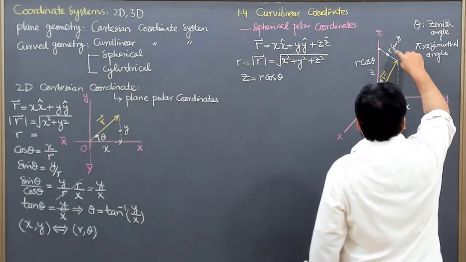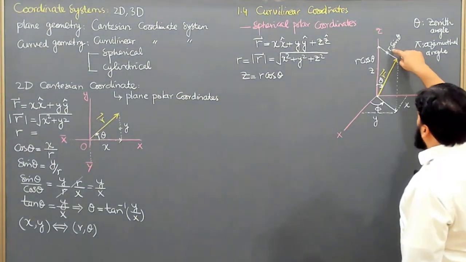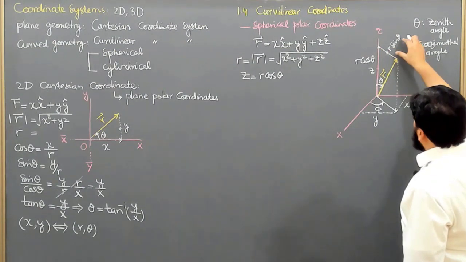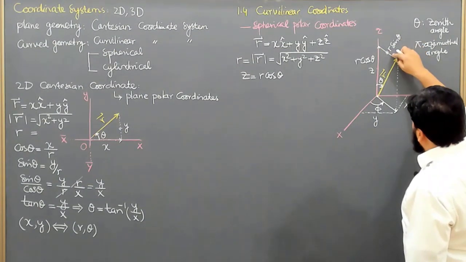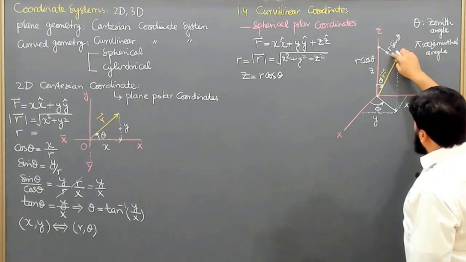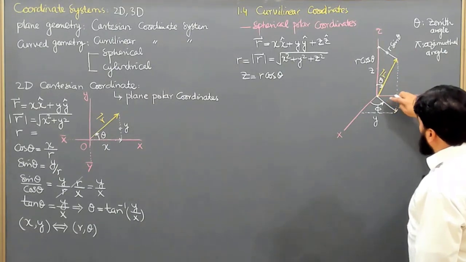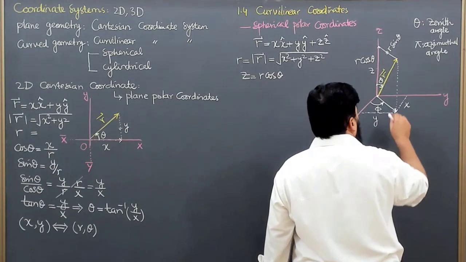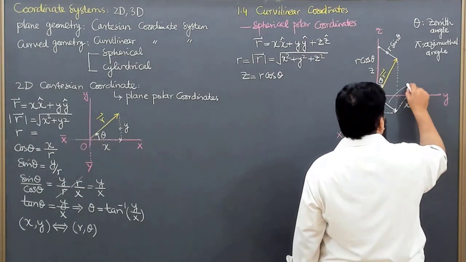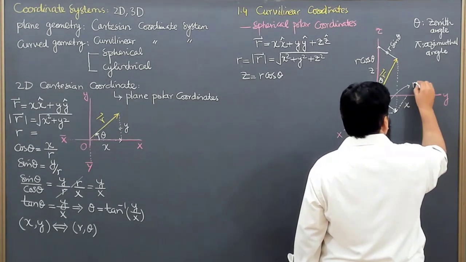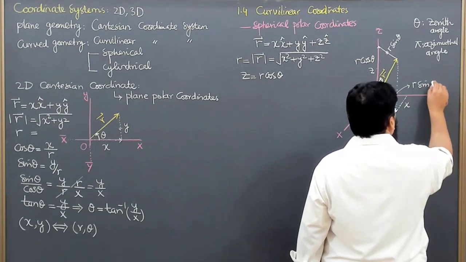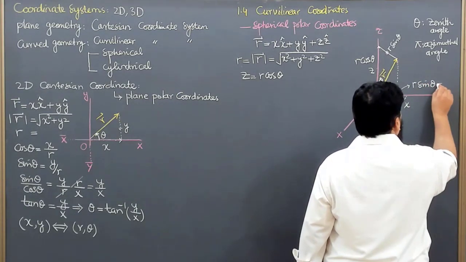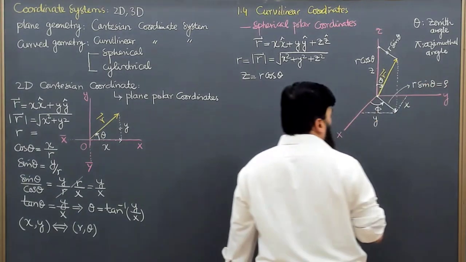While this one is r sine theta, and this side is exactly equal and parallel to this one. It means the projection has its length equal to r sine theta, and let me call this rho.